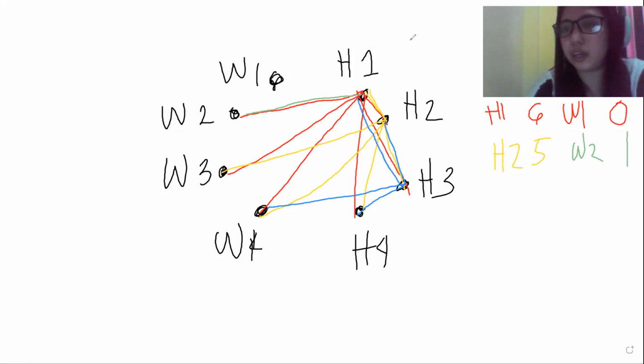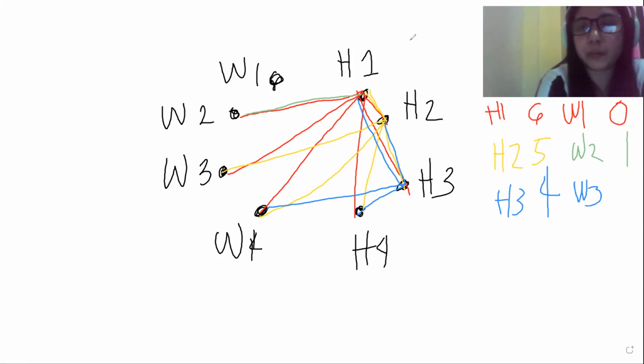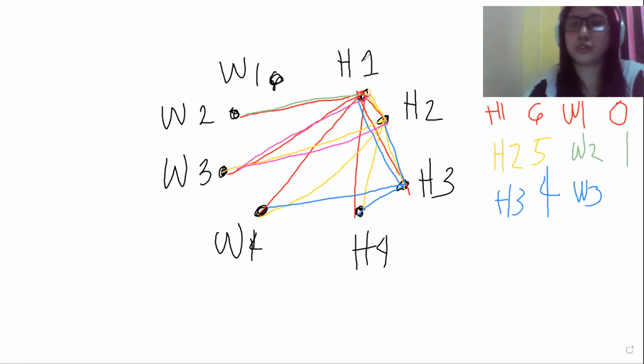So 1, 2, 3, 4. So for husband 3, we have 4. And then for wife 3, let us count how many lines are connecting: 1 and 2. So we have 2.